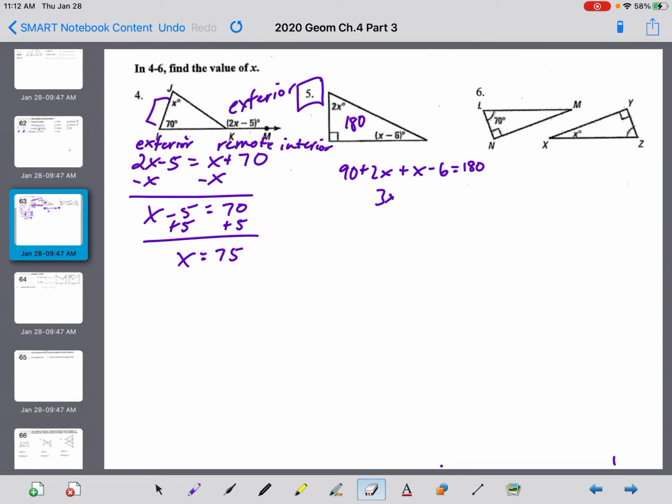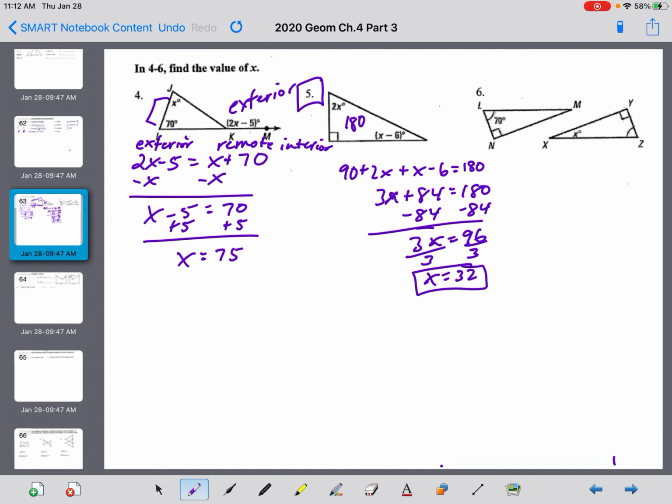So 3x plus 84 equals 180. So subtract 84 and divide by 3. So 3x equals 96, and 96 divided by 3 is 32. So that one is all interior angles. Interior angles of a triangle always add up to 180.